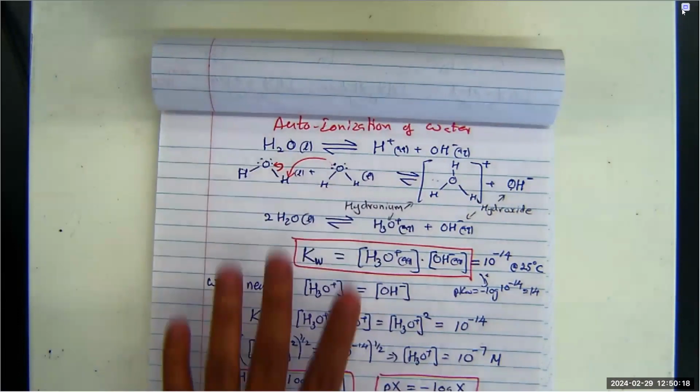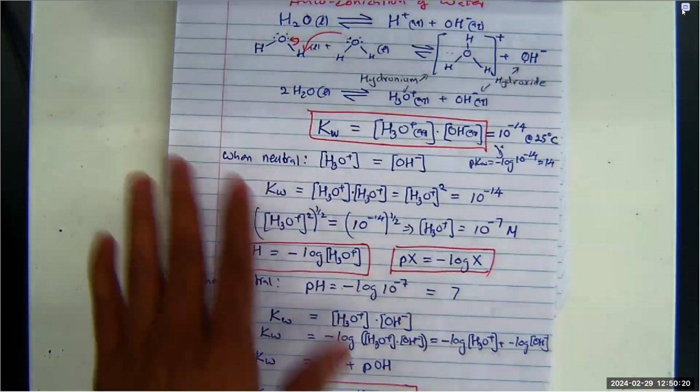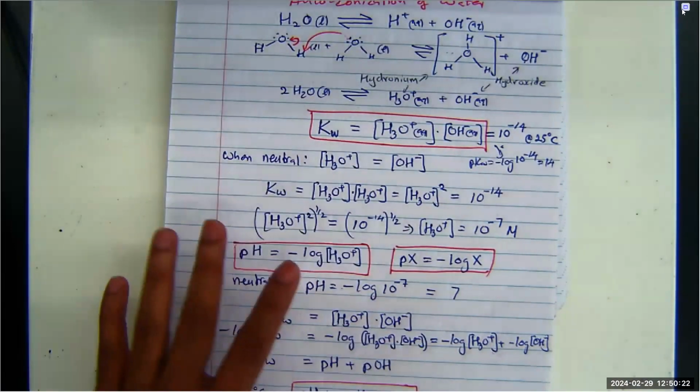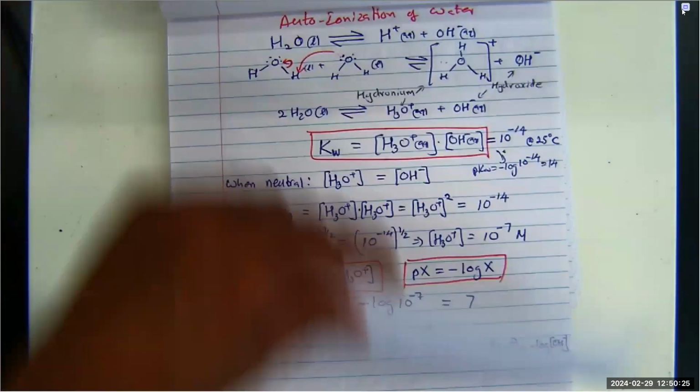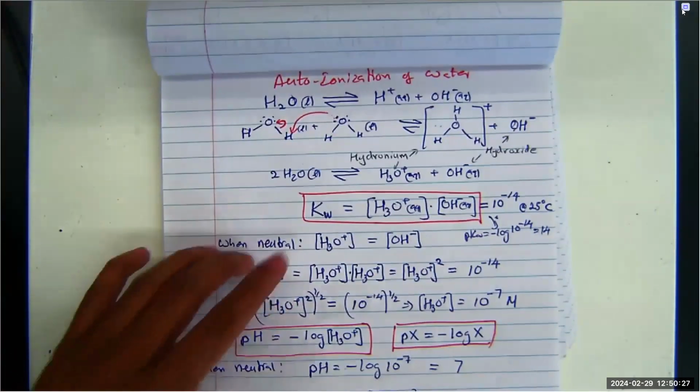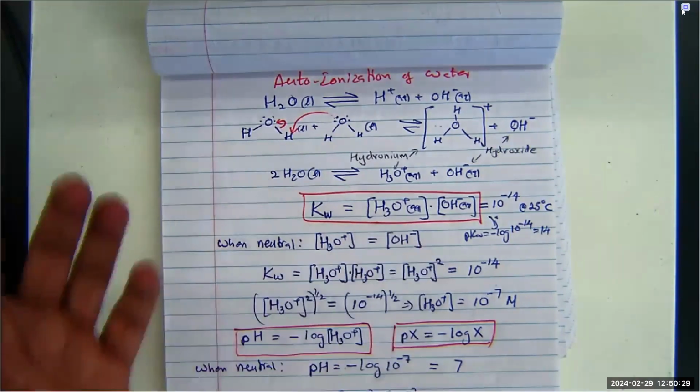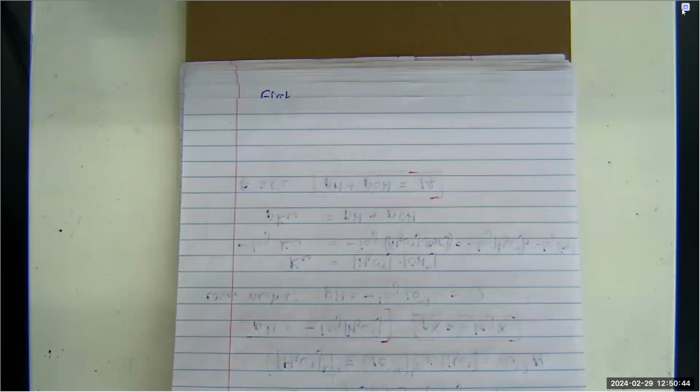And then we build this relationship, derive these relationships as well. And then what we talked about was adding certain things to water changes its H3O plus concentration. Those certain things can be acids or bases. If we add an acid, okay, this is what we have discussed so far.